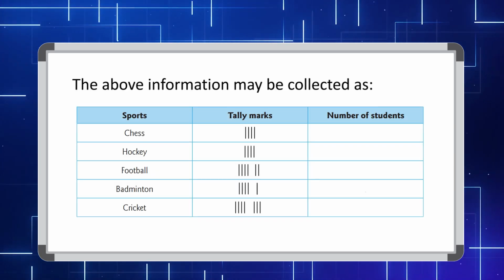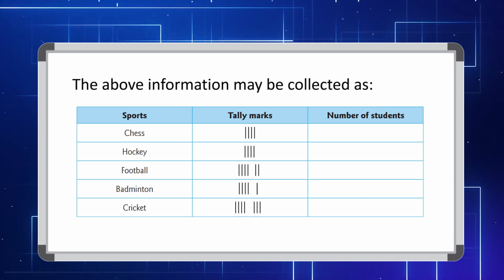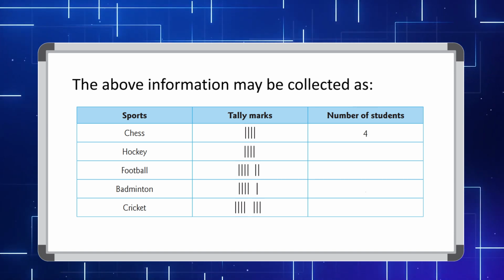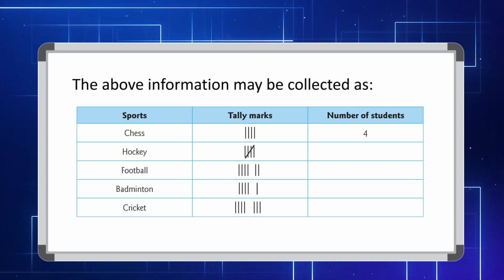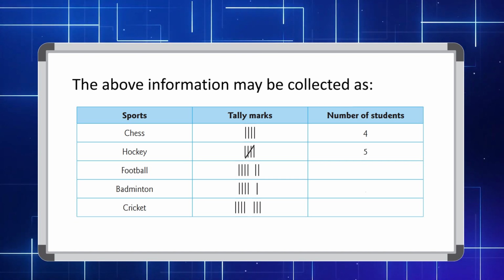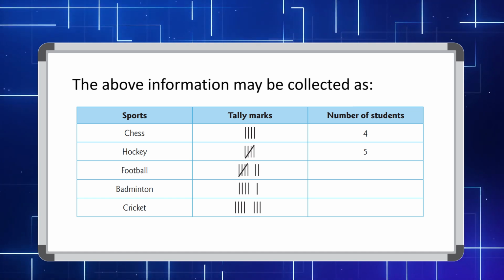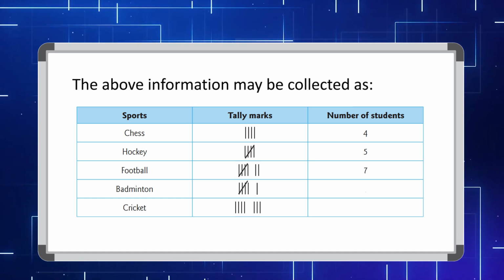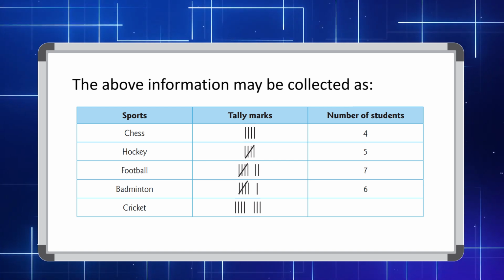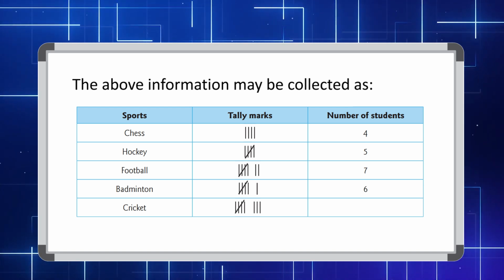The above information may be collected as: chess, tally marks 4, number of students 4; hockey, tally marks 5, number of students 5; football, tally marks 7, number of students 7; badminton, tally marks 6, number of students 6; cricket, tally marks 8, number of students 8.